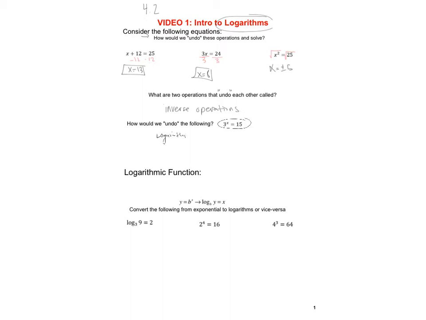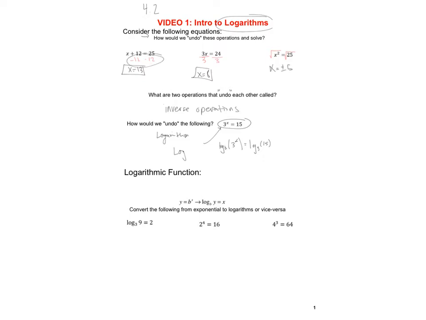Now, I will start saying log because it's a lot easier to say and easier to write. If I wanted to undo this function, I can take what's called the log base 3 of 3 to the x and the log base 3 of 15. Take the log of both sides. It's an operation, just like above we did the addition or the subtraction of both sides.